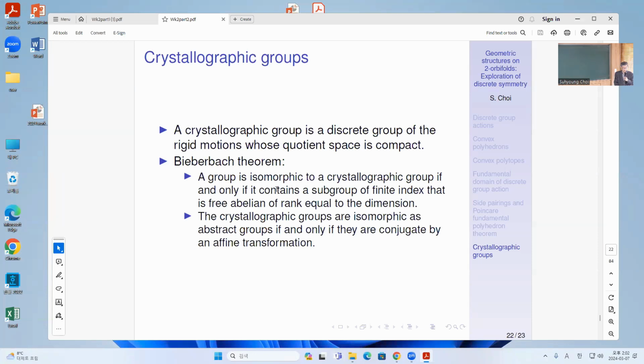So this is the translation group. You can verify that. And crystallographic groups are isomorphic as abstract groups if and only if they are conjugate by an affine transformation. So this is the classification according to Bieberbach.